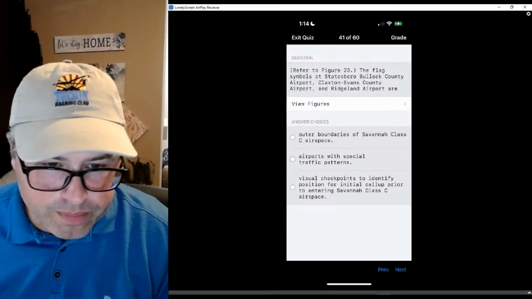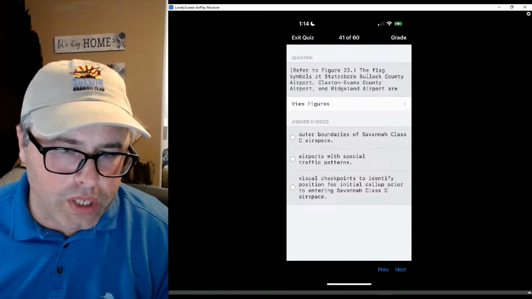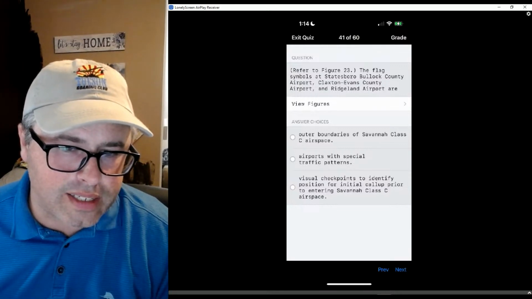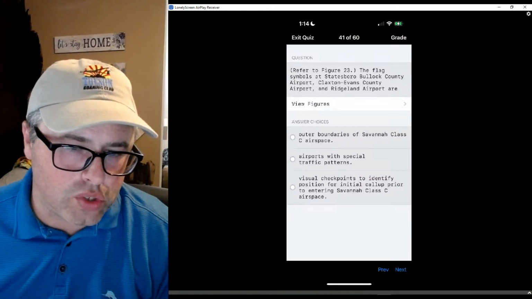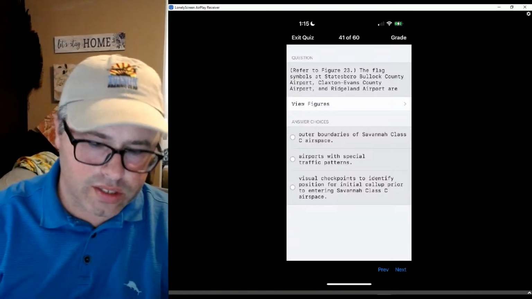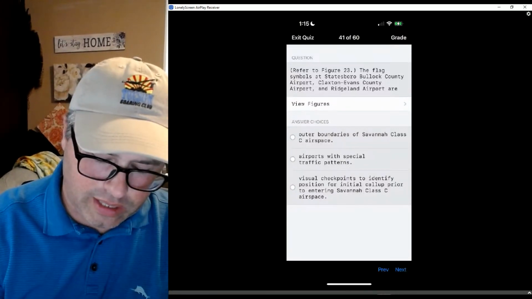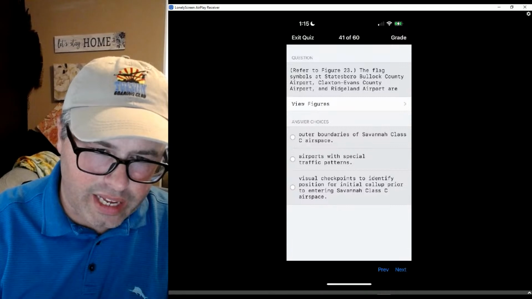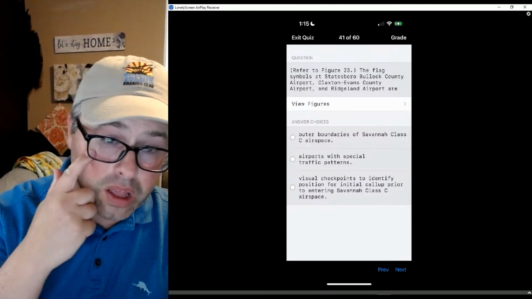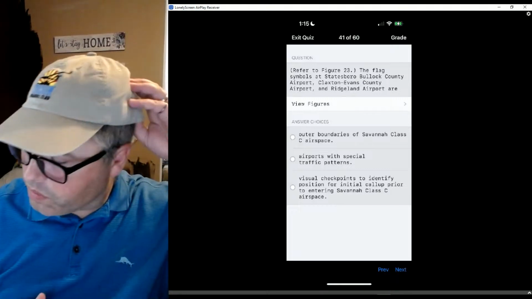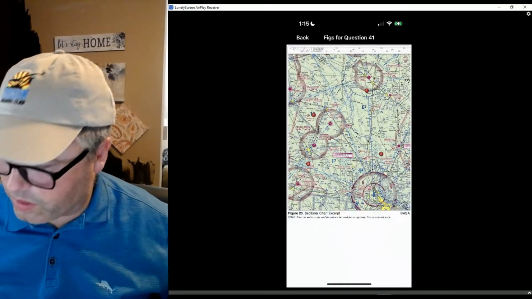Figure 23. The flag symbol at Statesboro Bullock County Airport, Claxton Evans County Airport, and Ridgeland Airport. The flag symbols at those three airports, at Statesboro, Claxton, and Ridgeland.